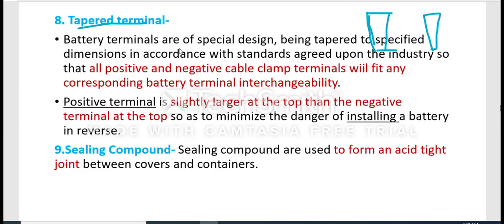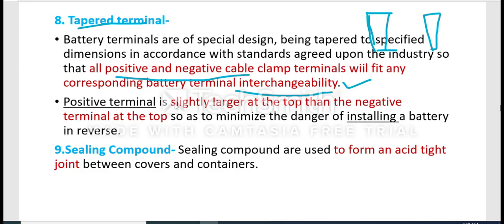Battery terminals are of special design, being tapered to specified dimensions in accordance with standards agreed upon by the industry, so that all positive and negative cable clamp terminals will fit any corresponding battery terminal interchangeably. Means this terminal should fit any battery. So to satisfy interchangeability, the tapered terminals are designed accordingly.